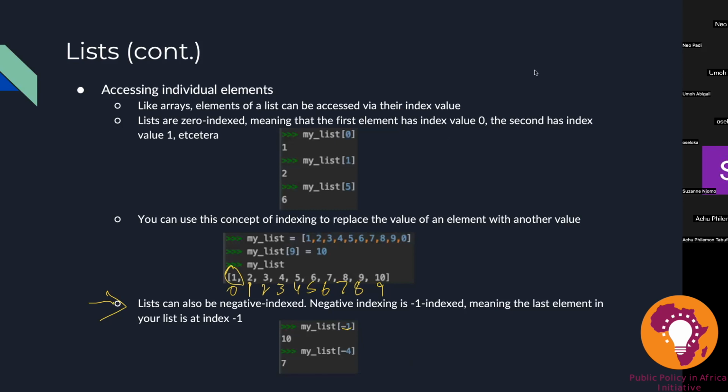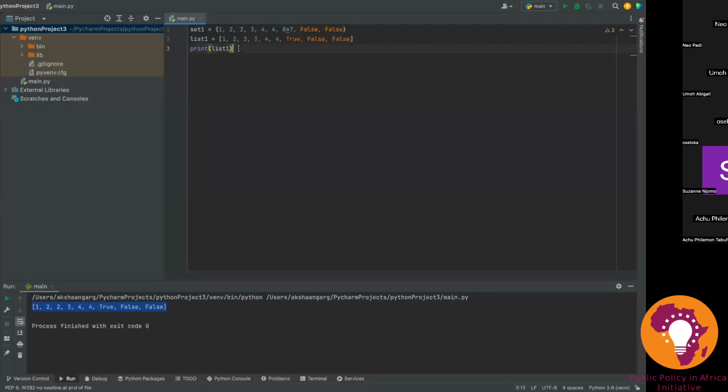Okay. So let's go to PyCharm. Okay, so we already have our list made over here. Let's use it. All right, so let's say we want to access this true value over here, right? So let's start counting the indexes. So we start with 0, 1, 2, 3, 4, 5, 6, 7, 8, right?